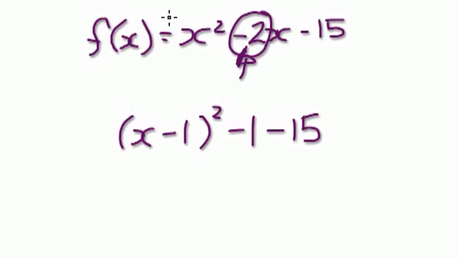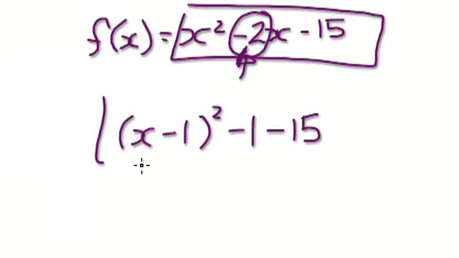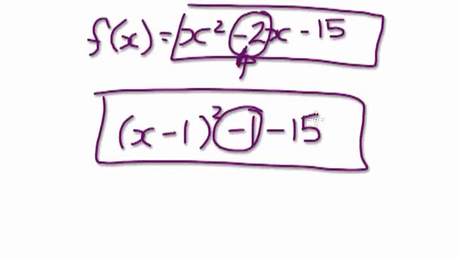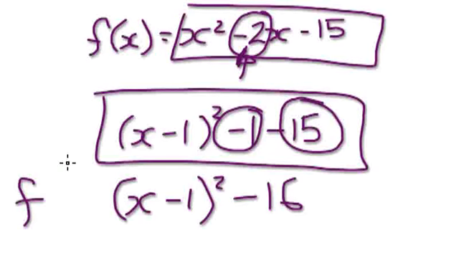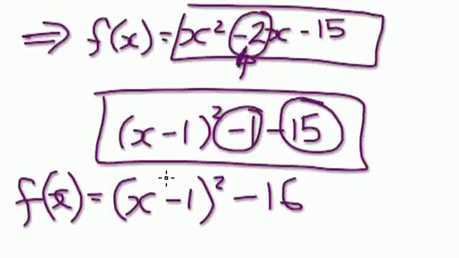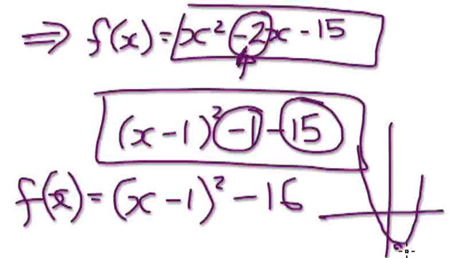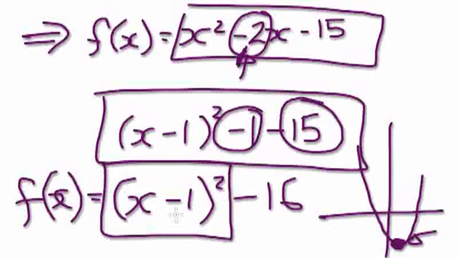Okay, so this whole thing is the same as this thing. Now I'm just going to need to merge these two together. So this will be x minus 1 squared, and then minus 16. You see, another way of writing this function is like this. From this you can locate the minimum point, which is when this thing is at its lowest.